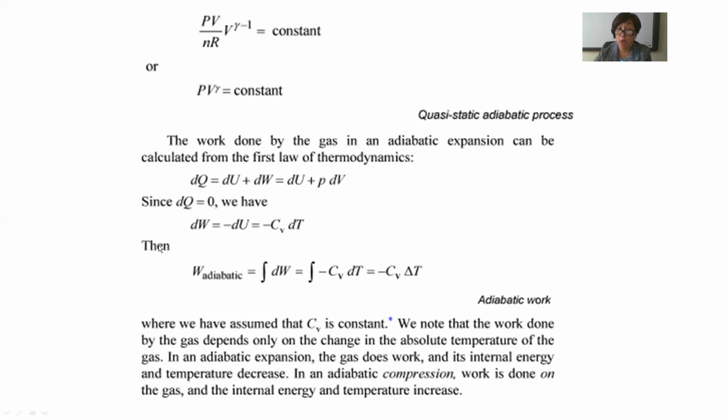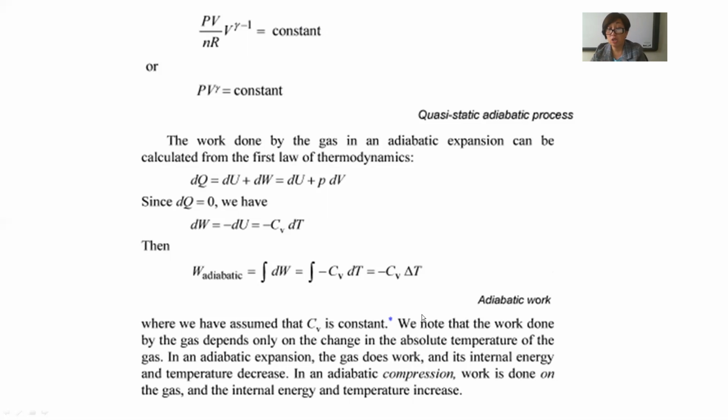Since Cv is a constant, the work equals minus Cv times the integral of dT from the first position to the second, which is delta T. This is the adiabatic work.